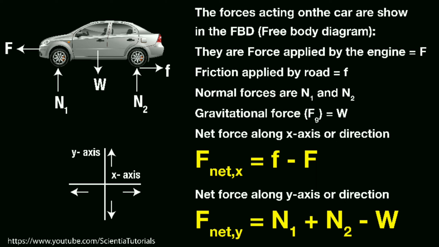This diagram is called a free body diagram. It explains how many forces are acting on the object, including the net force. Such a diagram is called a free body diagram, and we can calculate the net force in the horizontal and vertical directions.